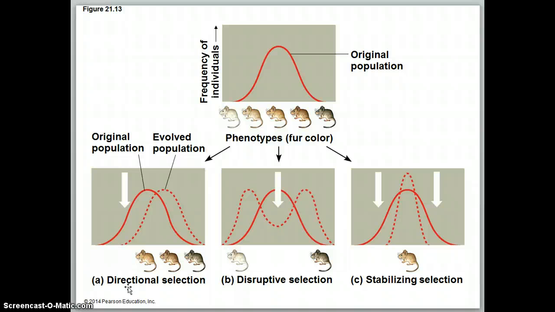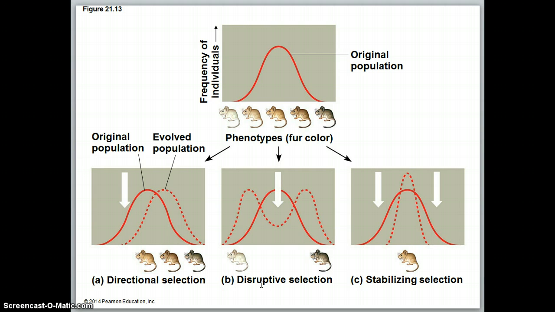There's more browns, possibly because snow melted, so there's no ice and snow around. What could happen is that the individuals in the population that have the darker colors will blend into their environment better, and as a result, they will survive and be able to reproduce more than the lighter individuals within their population.